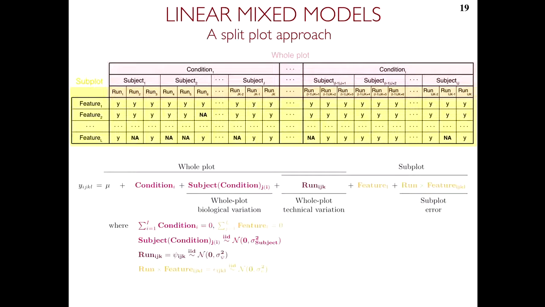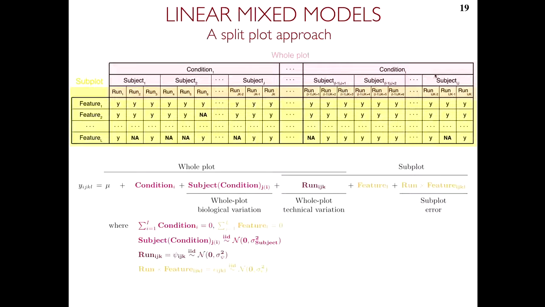And so going back to this table, this is what it looks like. We can essentially say that the intensity of the peaks on the log scale is affected by the condition from which the peak came, by the subject, so that some people have more of the protein than others, right? So we just express this natural variation, some run-to-run variation, and then also there's a feature variation, and then some kind of unexplained deviation.